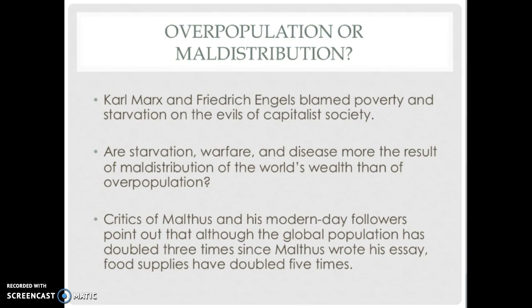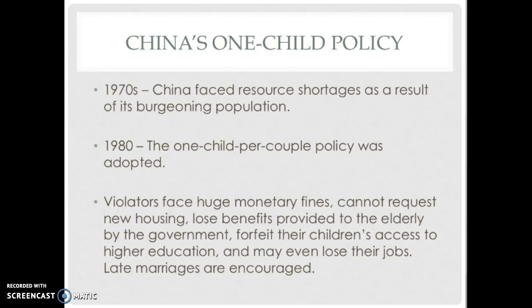Critics of Malthus and his modern day followers point out that although global population has doubled 3 times since the 18th century when Malthus wrote, food supplies have doubled 5 times, far outpacing world population growth. China's one-child policy is interesting to highlight here, showing a successful top-down policy of reducing population growth, with violators facing huge monetary fines and losing the ability to get new housing.